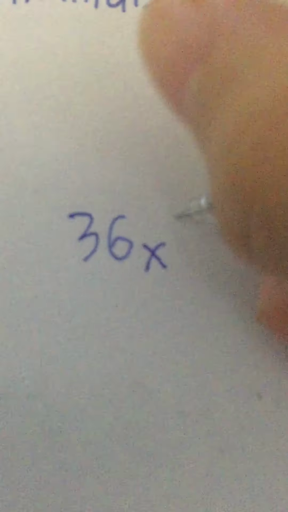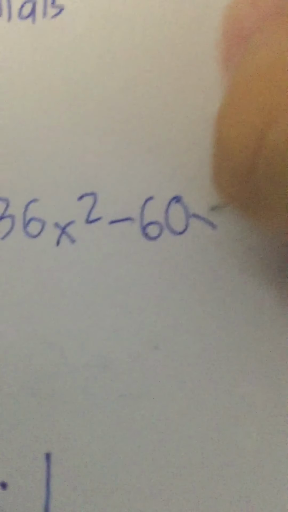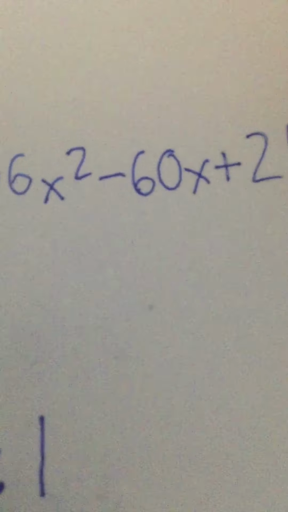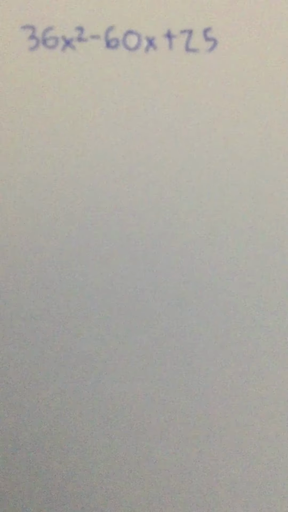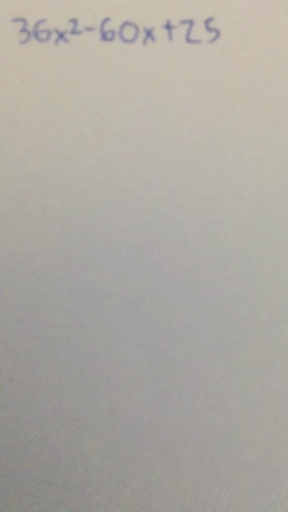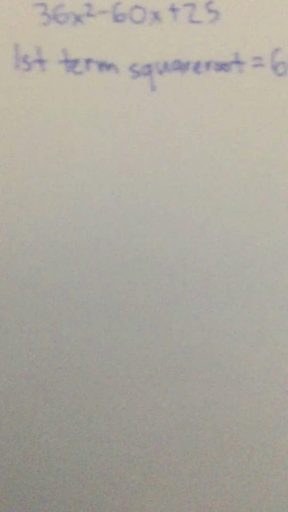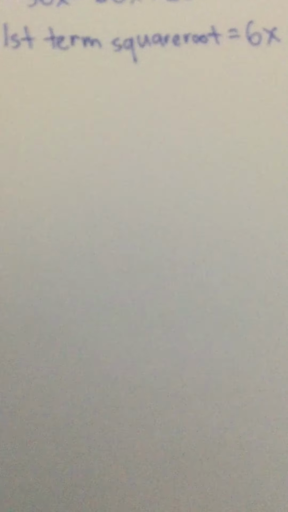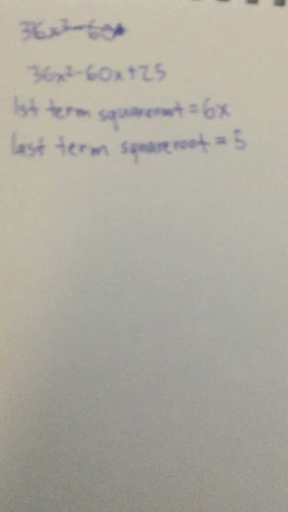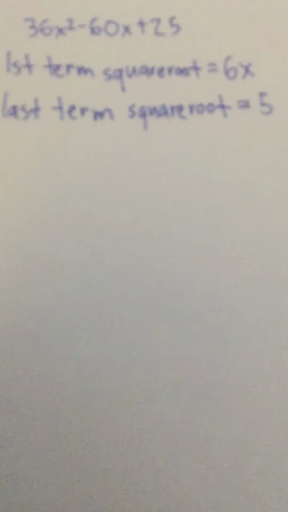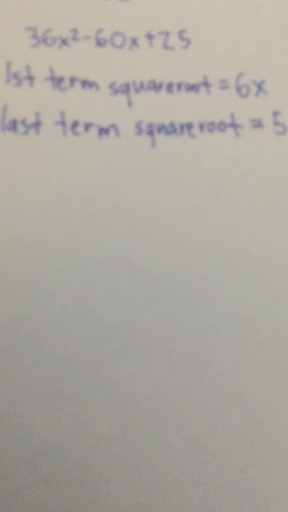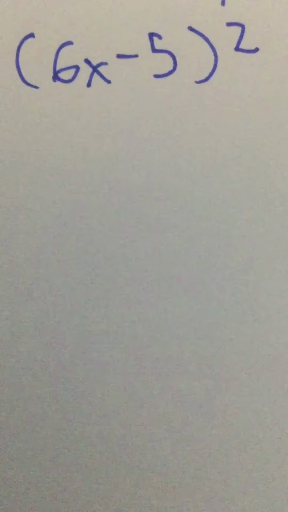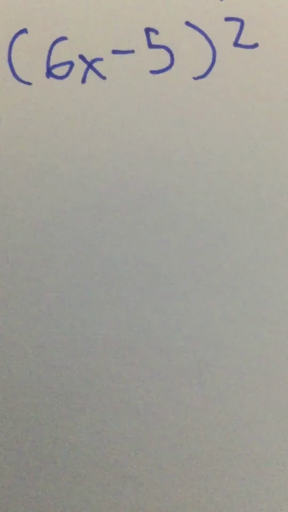First, get the square root of the first term and the square root of the last term. The square root of the first term is 6x, while the square root of the last term is 5. The sign of the middle term is minus, so we put that into our final answer: (6x minus 5) squared.